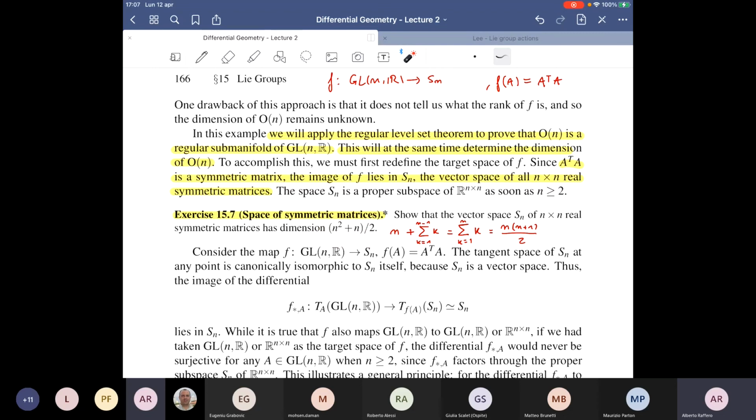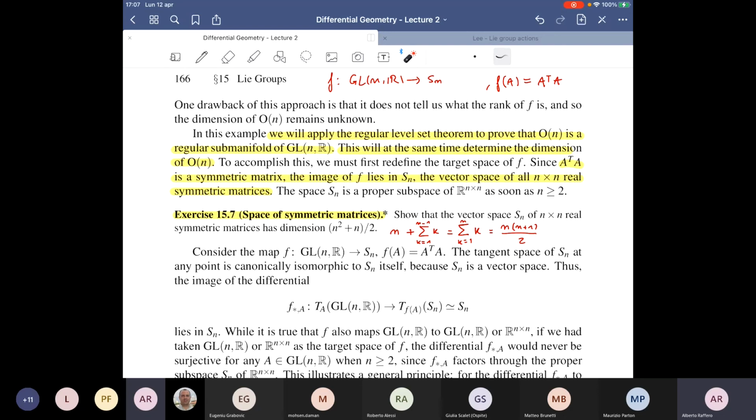The idea is that for symmetric matrices, a basis is given by the matrices having zeros everywhere but on one diagonal entry, and such matrices are n in total. And then you will have other matrices which only involve each element of the upper triangular part of the matrix.